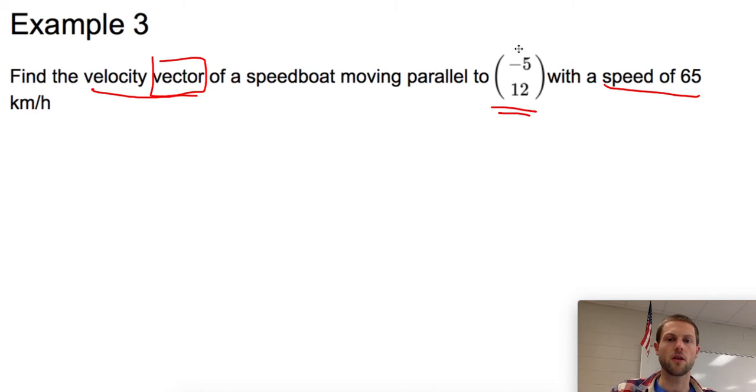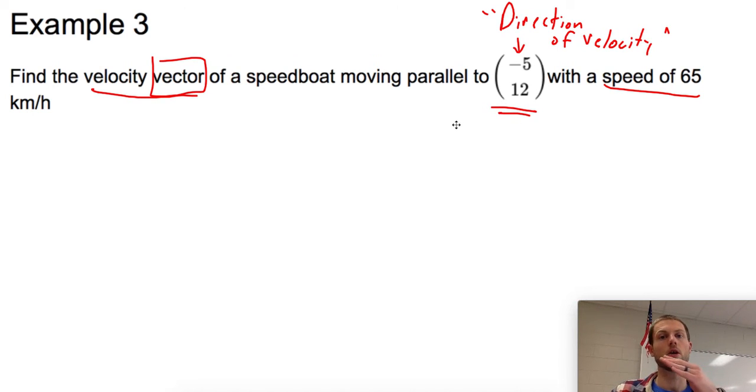I'm given a vector that is parallel, so we're really thinking of this as the direction of my velocity vector. This vector itself is not the velocity vector, but it's in the same direction since it's parallel to my velocity. And then this whole speed, this is my magnitude. So I'm given a direction and a magnitude. I just have to find out how to make these things work together to find the actual velocity vector of this speedboat.